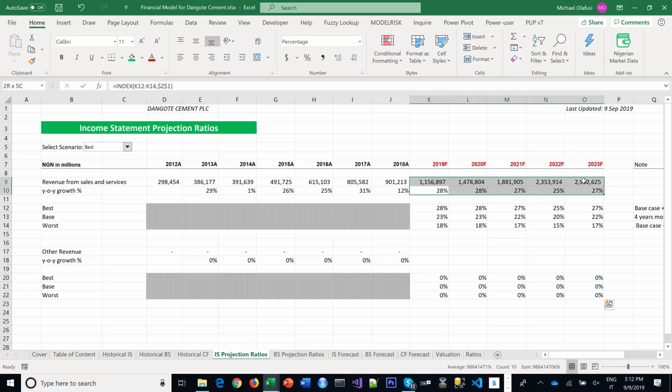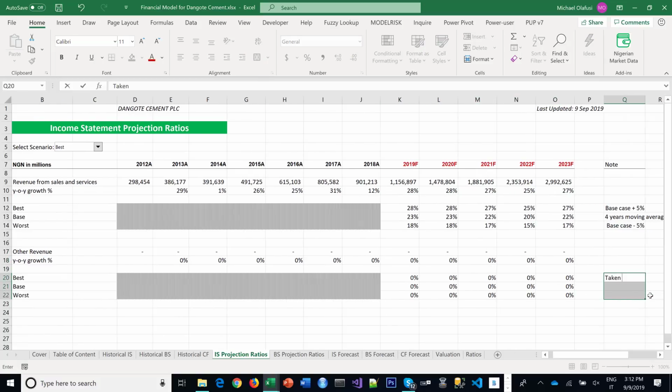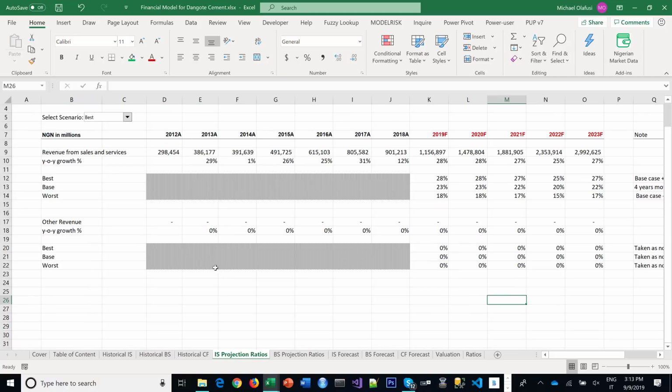I can copy all of this and paste here, and it will replicate what we have done. And in the notes I will say taking as non-existent. Okay, so I'm done with the other revenue one.